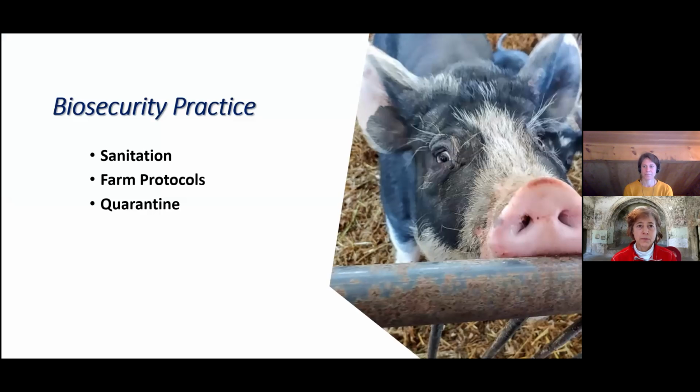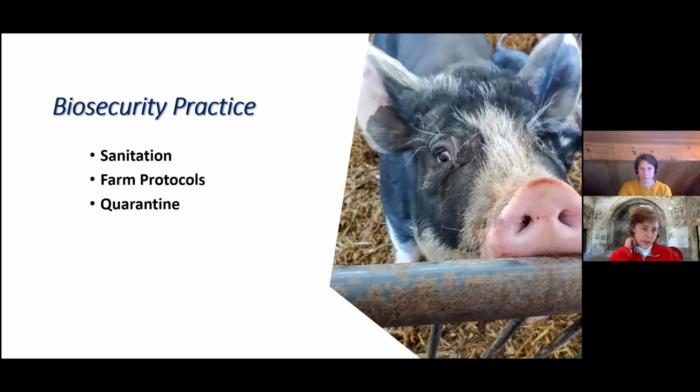And knowing those methods of transmission gave ideas on what you could do to prevent the transmission of it. In this part, we're going to go over sanitation, in continuation of what you can do to help prevent the spread of disease. And farm protocols, quarantine, and we'll also go over, Carolyn will go over specific diseases and then the implications of what you would do to prevent them.